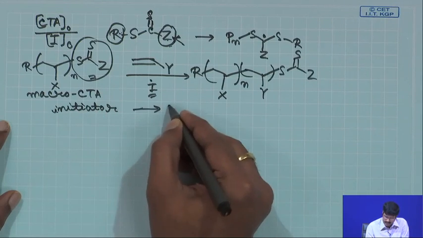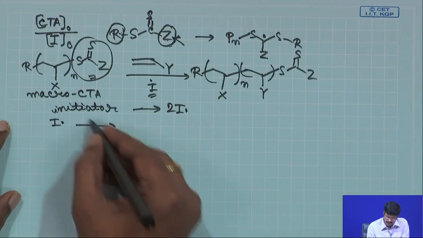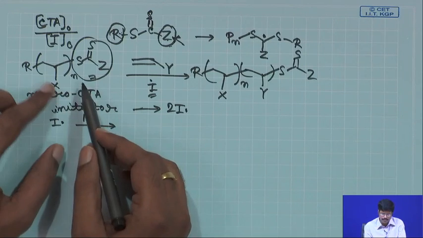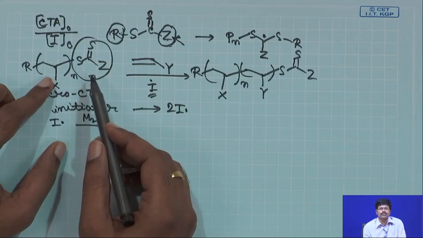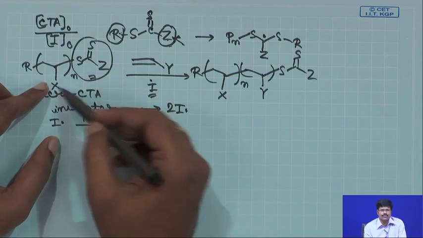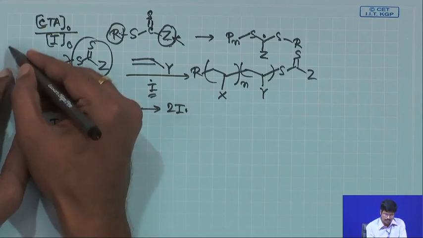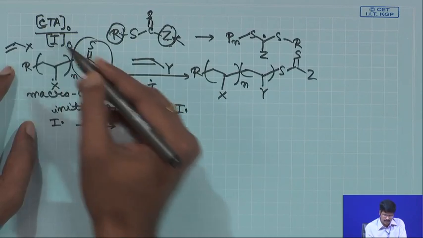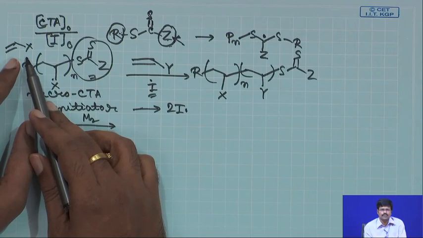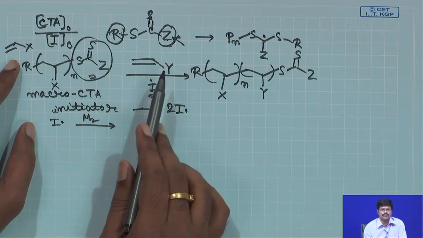So, that will create 2 I dot, and then this initiator will react with your monomer. Remember, you have already thrown your die. That means you have already chosen your first monomer. So, let us say your first monomer was this monomer. You could also choose this monomer first. So, it is very important which monomer to choose first.